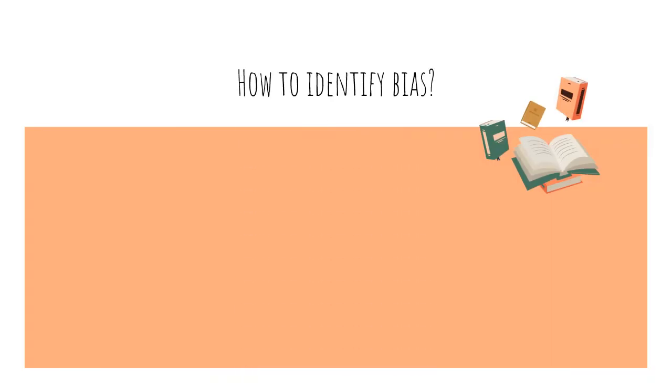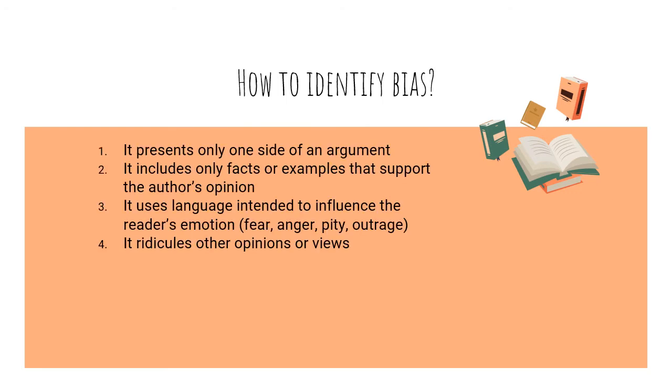Now, how to identify bias? Here I have 4 points to be considered. The first one is that it presents only one side of the argument. I already explained it previously, and it includes only facts or examples that support the author's opinion. It uses language intended to influence the reader's emotions such as fear, anger, pity, or outrage.